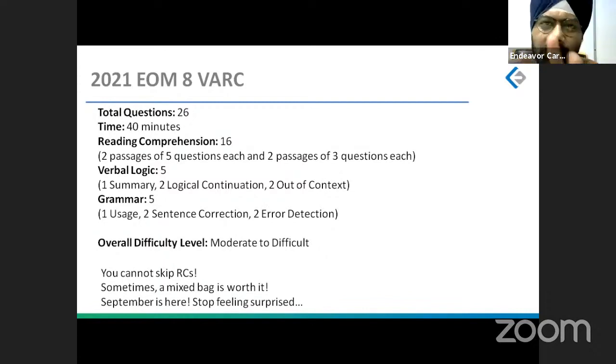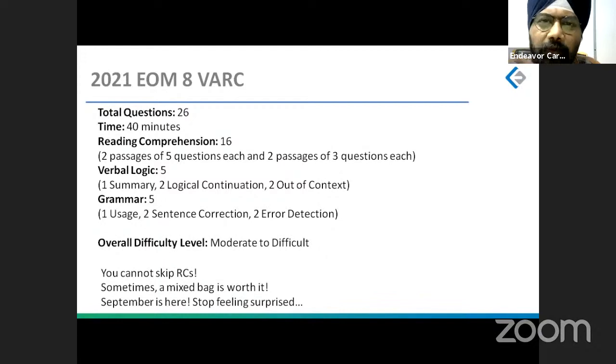What are my 3 takeaways from this paper? 1, there is no way you can come up with a strategy in an EOM to skip an RC. Sorry, that's not going to happen. If you are not there yet, please go back and make RCs your strength.